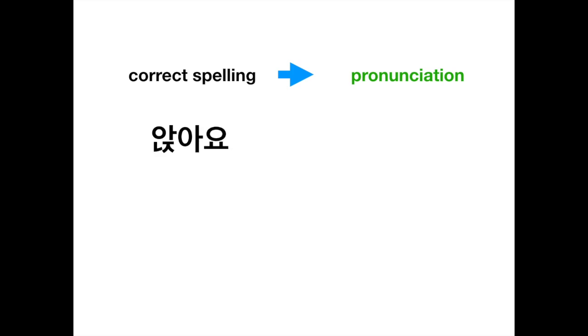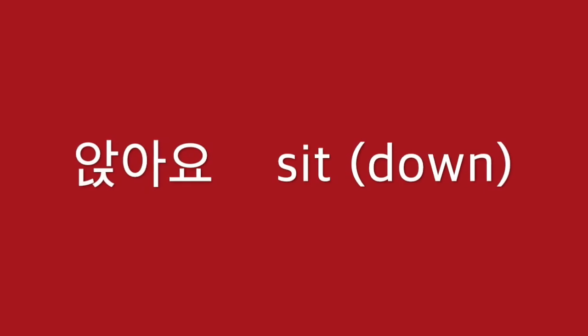Okay, another example. An-ayo. The pronunciation, though, is anjayo. The first consonant is left behind, and the second consonant you pronounce in the next syllable. Anjayo means sit or sit down.